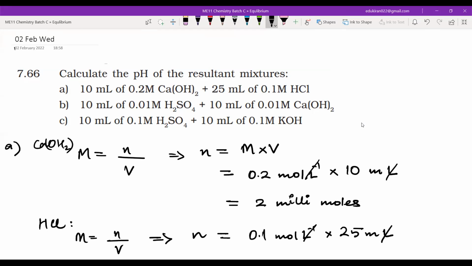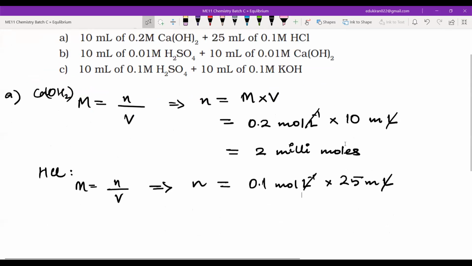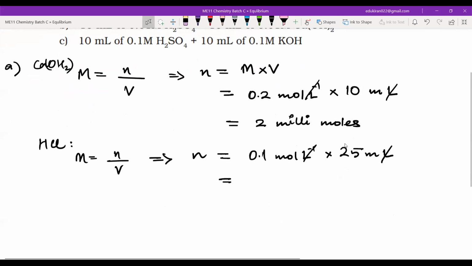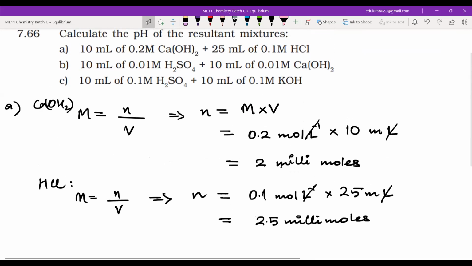Liter and liter inverse cancel each other out, then you will get the number of moles as 2.5 millimoles. Now we have 2 millimoles of Ca(OH)2 and 2.5 millimoles of HCl in a particular solution. Now both of them can react with each other.